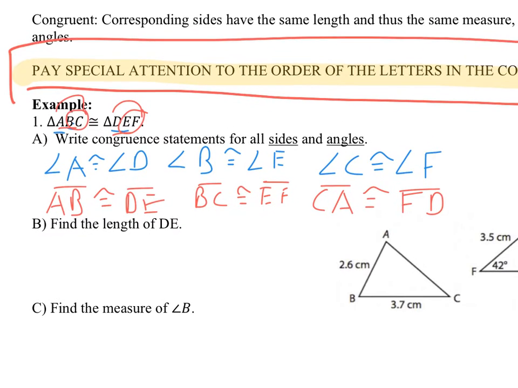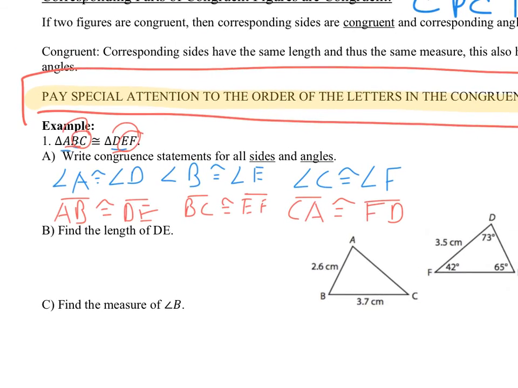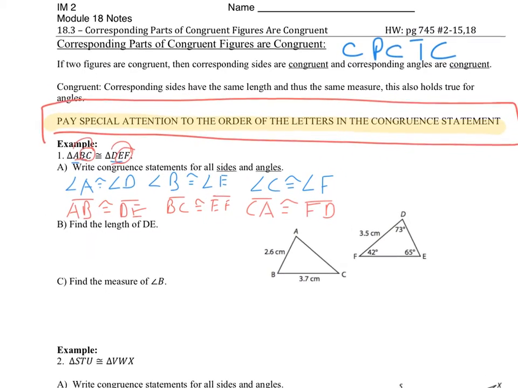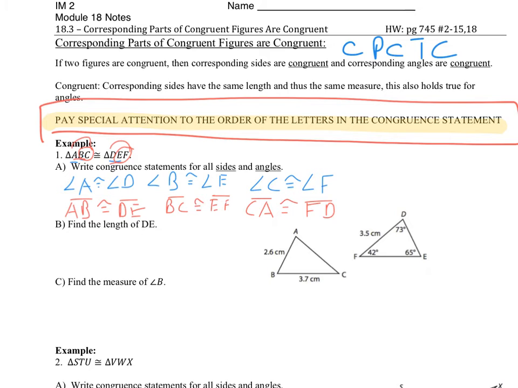So let's take a look at, we want to find the length of DE. So then we know that DE is congruent to AB, and then we know that AB is 2.6, so then the length of DE is 2.6 as well.